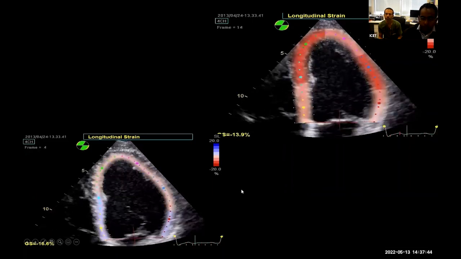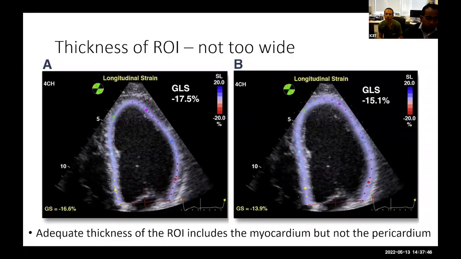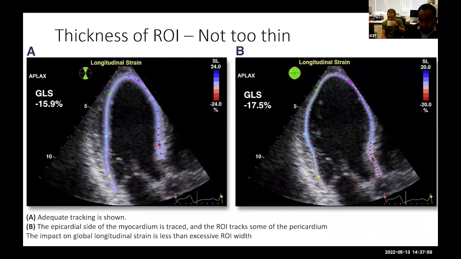Yeah. And so make sure that when you do your strain measurements, it's not too wide, because otherwise you'll include parts of your pericardium in your strain analysis, and it will give you incorrect strain measurements. What about the opposite, where you've got too thin?